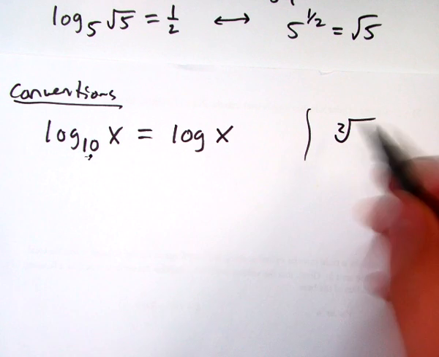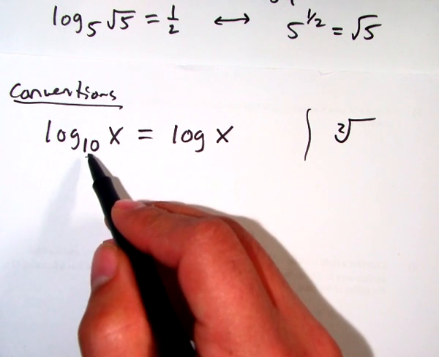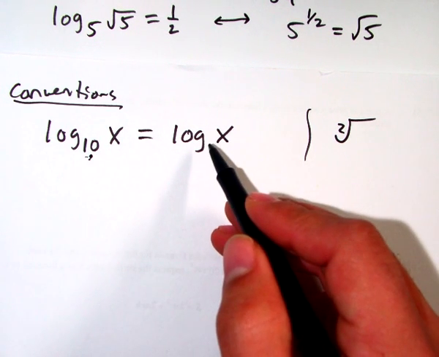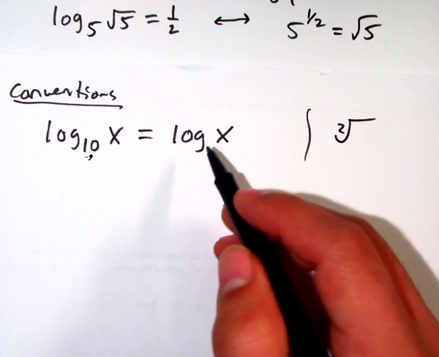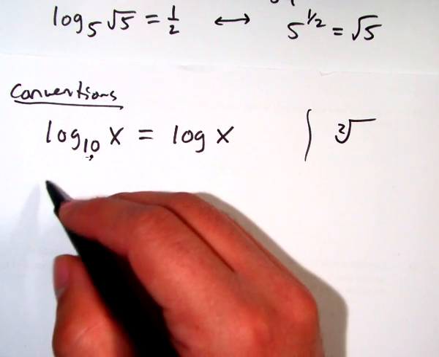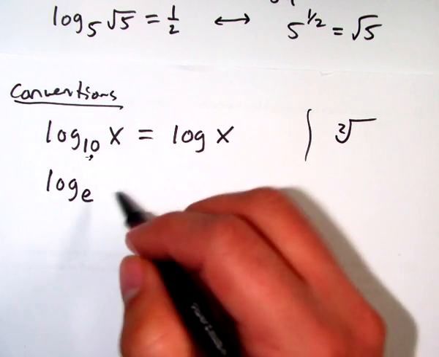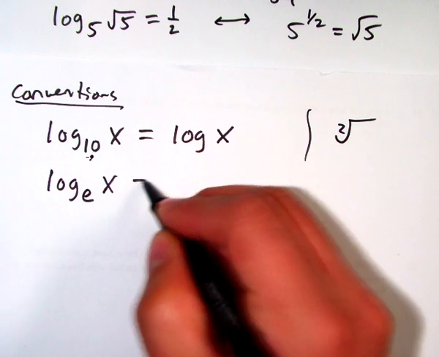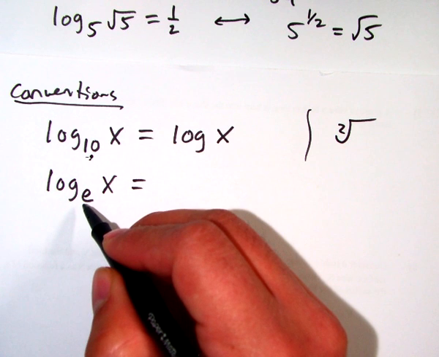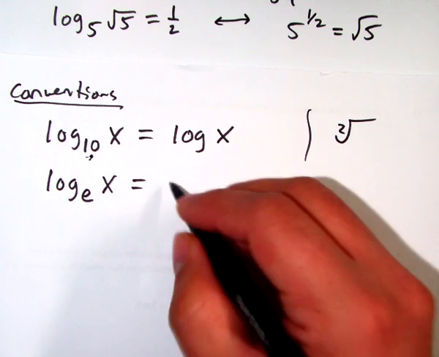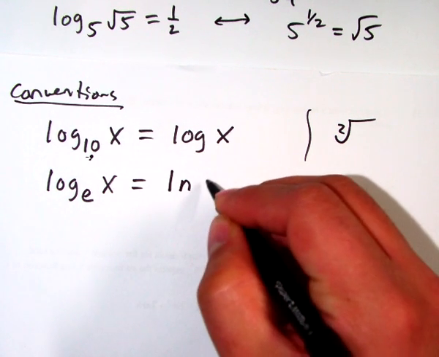It's the same thing with logs. 10 is such a common base that we assume it's base 10 if it's not written. The other frequent base that we use is base e, Euler's number that we talked about in 5.2. So log base e of x is also the same thing as ln of x.